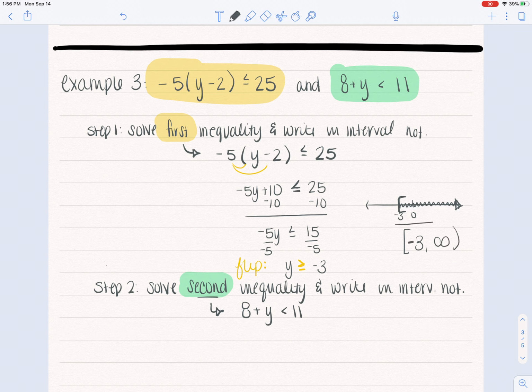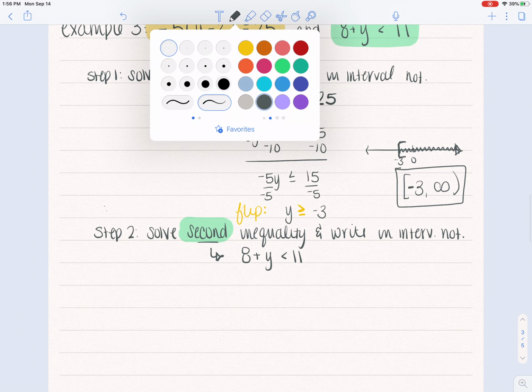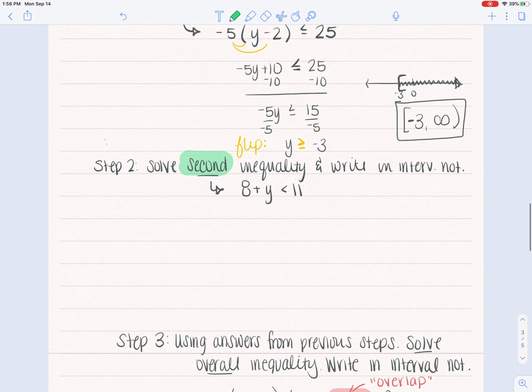Okay, so there's my first part. And then part 2 says to solve the second inequality. So I've got 8 plus y is less than 11. I'm going to minus 8 from both sides and get y is less than 3.